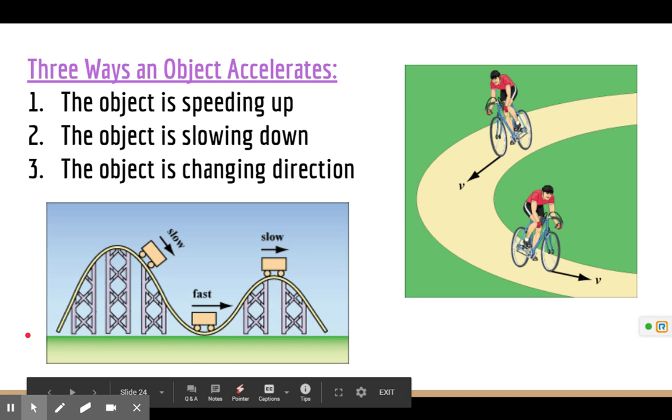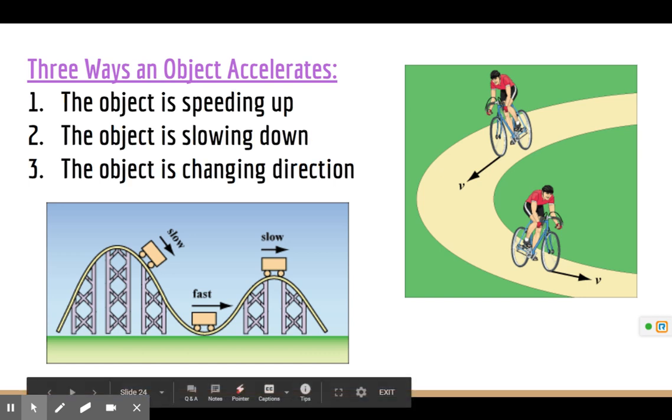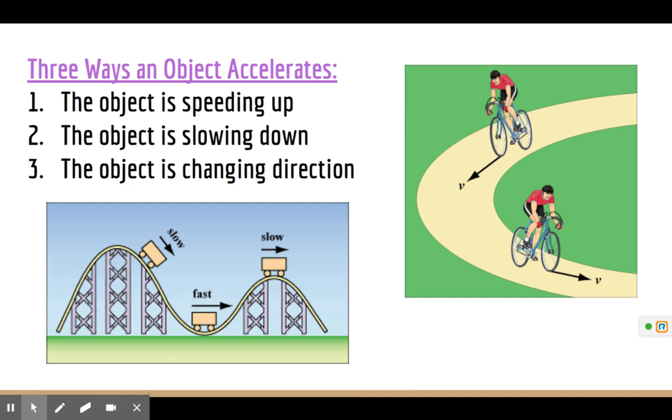There are 3 ways an object experiences acceleration. 1, the object is speeding up. 2, the object is slowing down. 3, the object is changing direction. You experience positive acceleration when you speed up, going down the roller coaster hill.